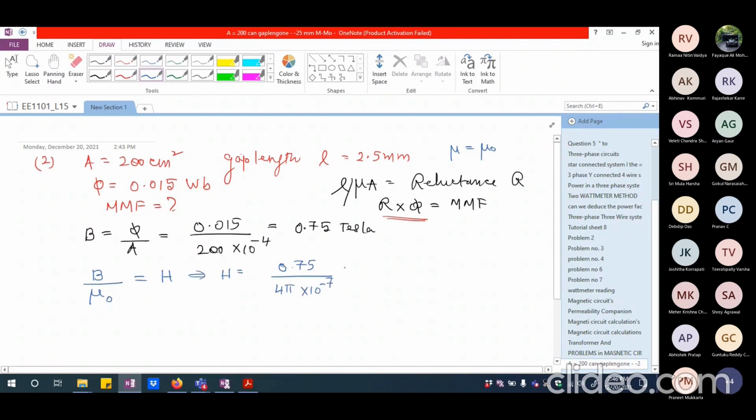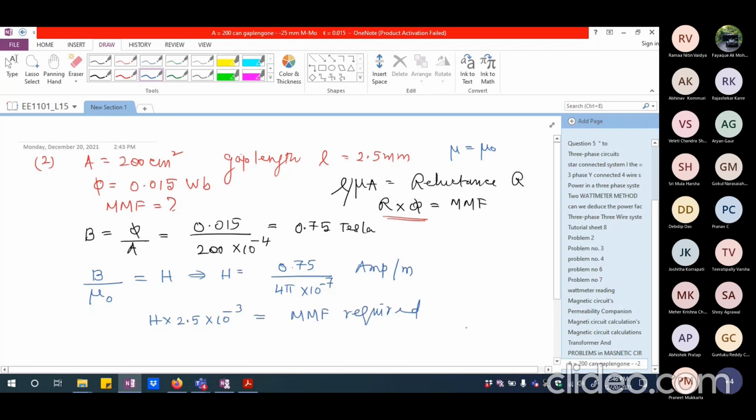You should be able to get how much this is, in ampere per meter. Now this H multiplied by the length of the magnetic circuit, which is 2.5 multiplied by 10 power minus 3, is going to be the MMF required.